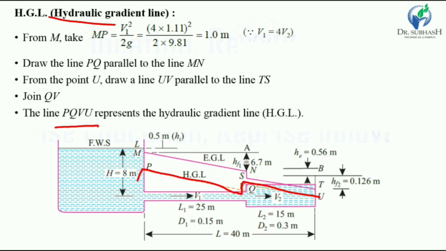This is the hydraulic gradient line. So first we have to draw the total energy line, and with the help of the energy line we easily get the hydraulic gradient line in 2 to 3 steps, after subtracting the velocity head.